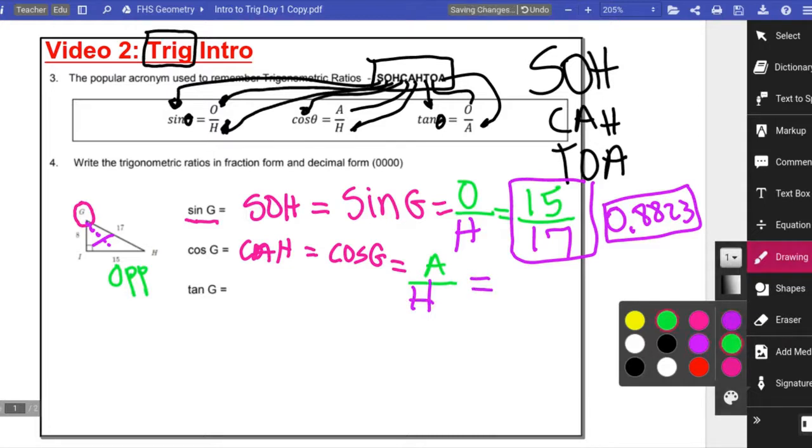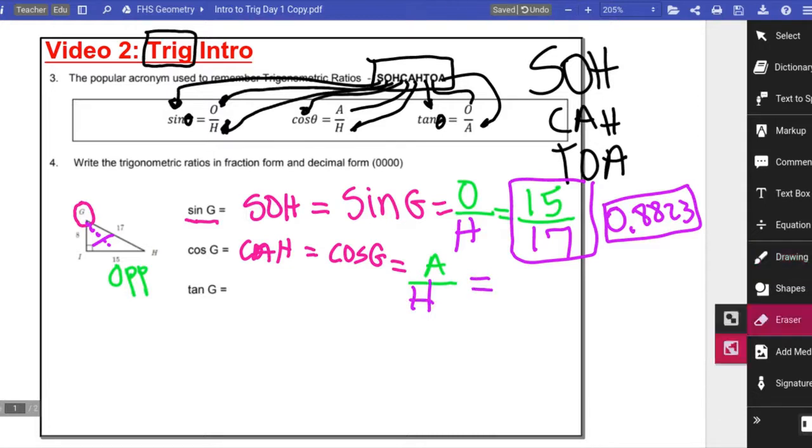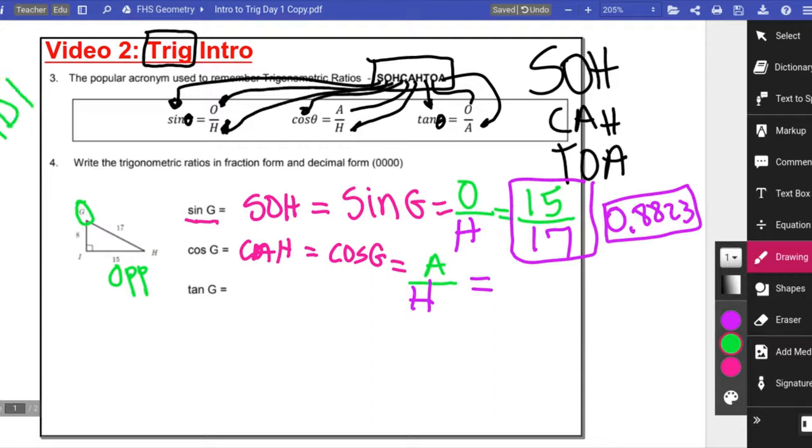Where is my adjacent? Well, the adjacent in this case of G, what's next? Remember, adjacent means next, like your neighbor. What's directly next to G? It's not 17. It's this buddy right here, the 8. The 8 is the adjacent. So I'm going to put the 8 on top.